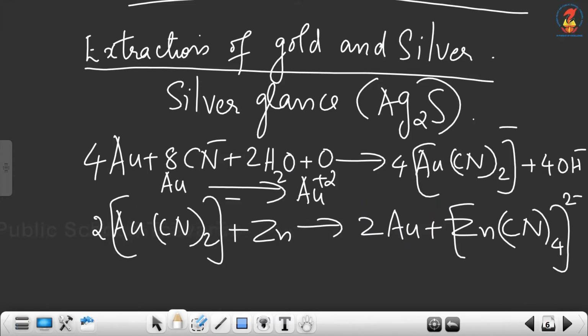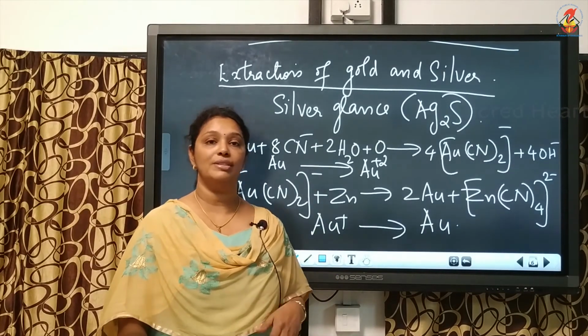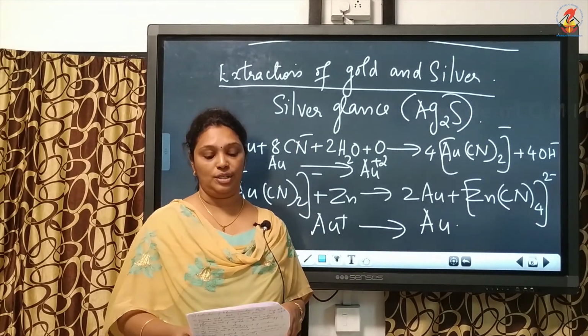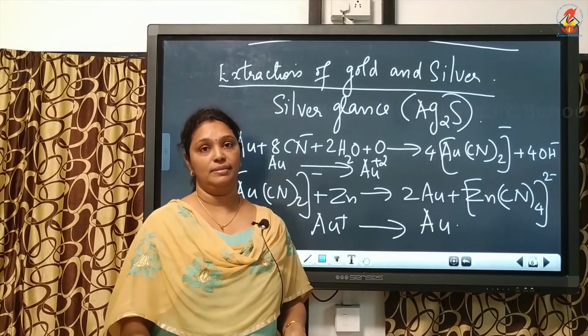In the second one, it's a reduction because Au plus gets reduced to Au. So you can justify that the cyanide process or leaching of gold or silver is a redox reaction, and zinc acts as the reducing agent.